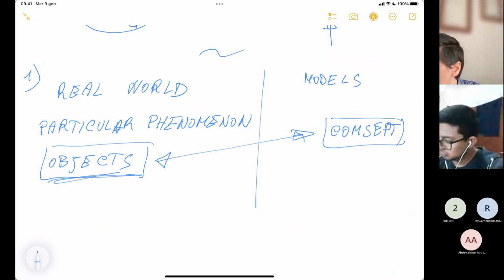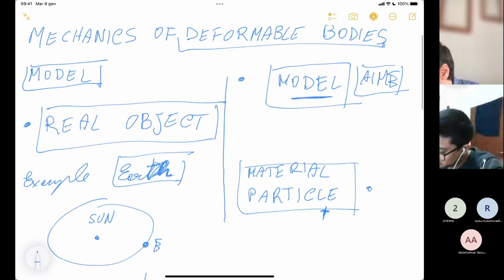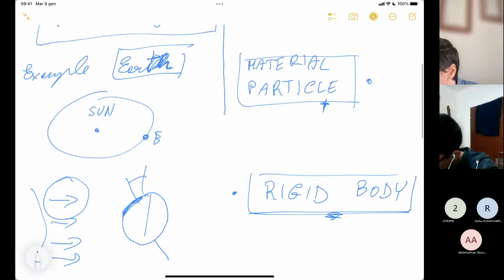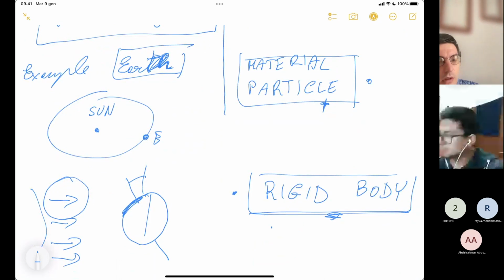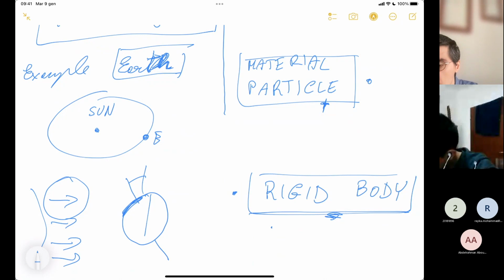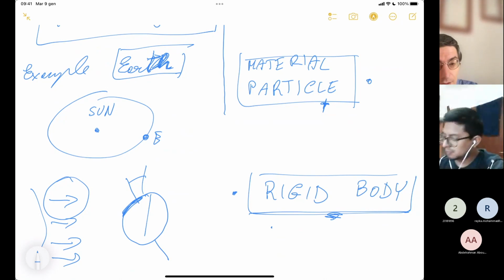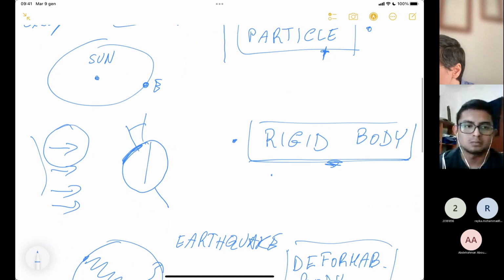I'm sure that for the Earth, you can use in this first approximation a sphere as the shape of the Earth, but you know that the real shape of the Earth is much more complicated than a sphere.